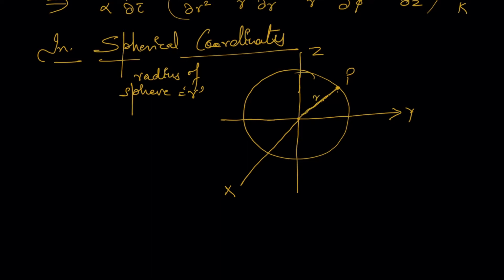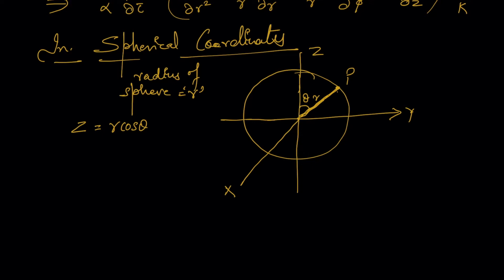This radius is making an angle theta with the z axis. It's a vertical angle: r is making angle theta with the vertical axis, that is z. So we can write the z coordinate as r cos theta, right?